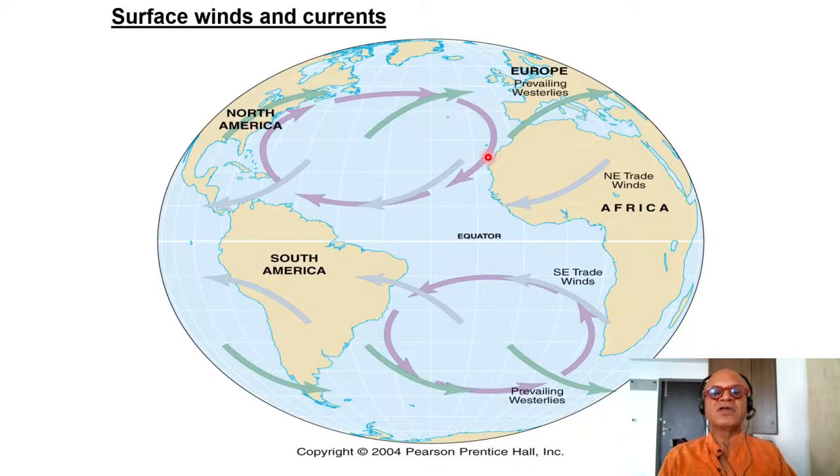It turns out that there are very massive differences between the western boundary current and the eastern boundary current. We won't get into the details, but I have lectures elsewhere where you can look up the details if you wish.